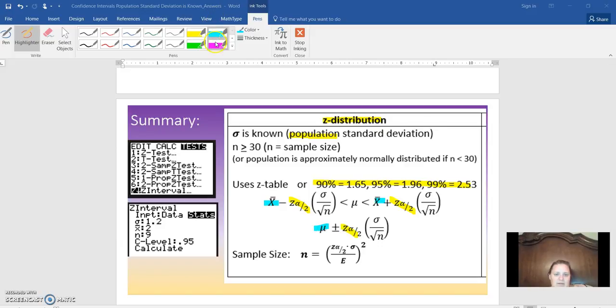Population standard deviation is there. Z alpha over 2 is there. And then the number of items is there. Now we can go ahead and do it by hand, or I've showed you how to do it by the calculator, so whichever way you prefer.